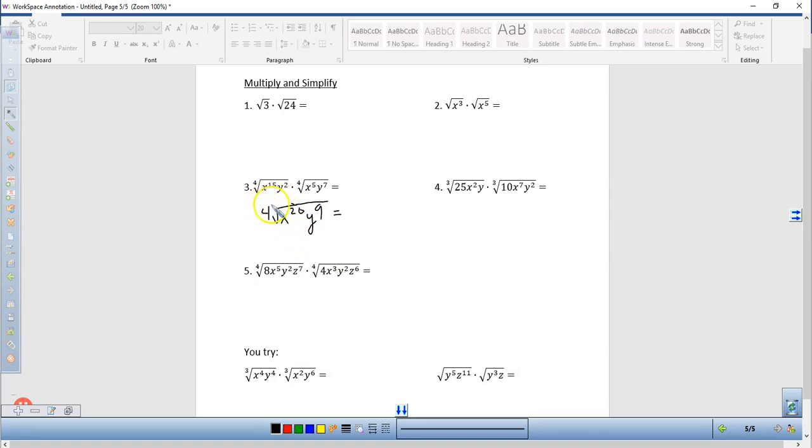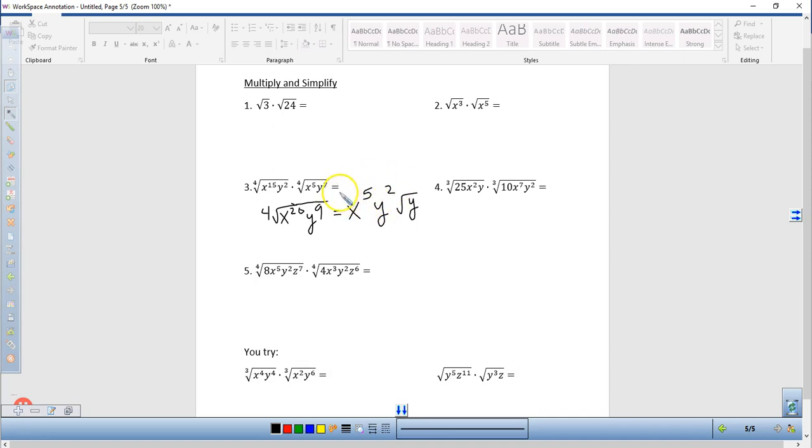Now we go through our check. How many groups of 4 can I get out of 20? I can get 5 of them. How many groups of 4 can I get out of 9? I can get 2, but I do have 1 left over. Now we check, we had an even index, and we check for odd exponents.